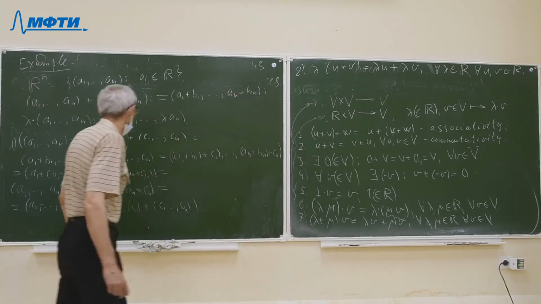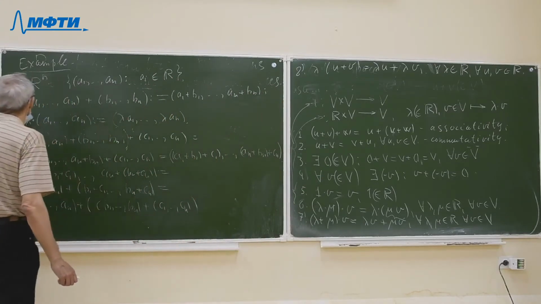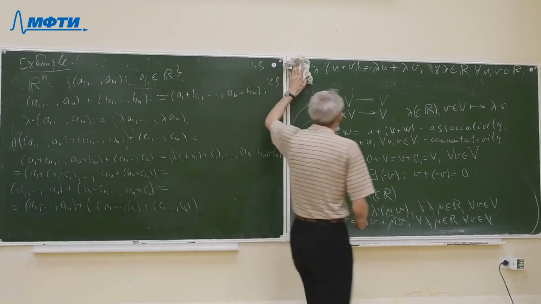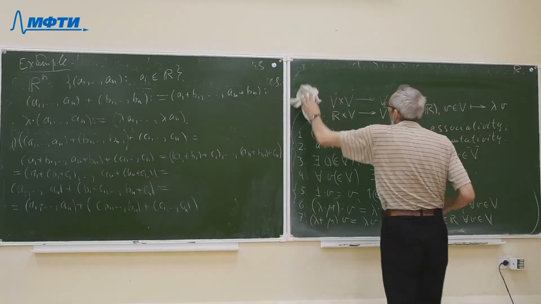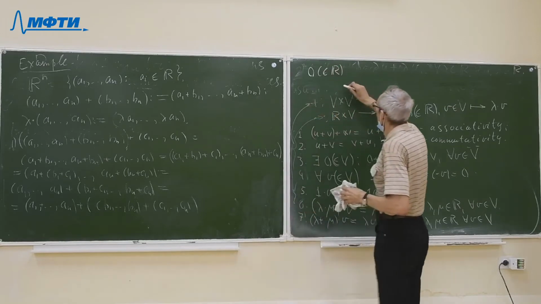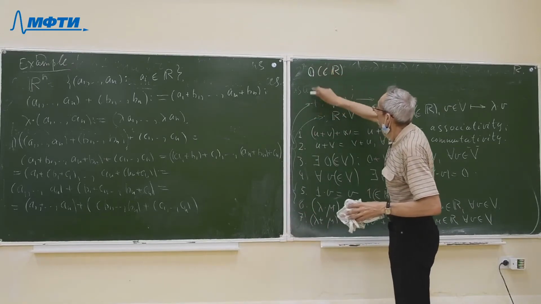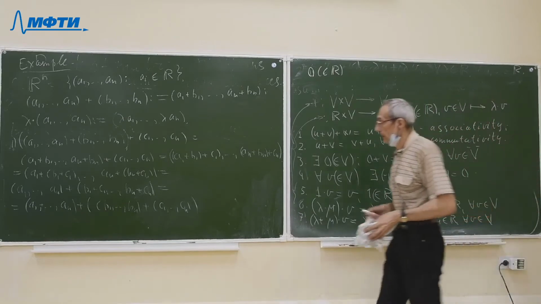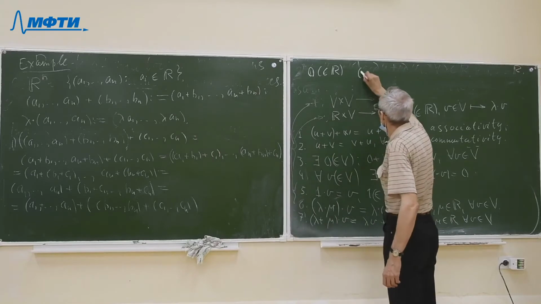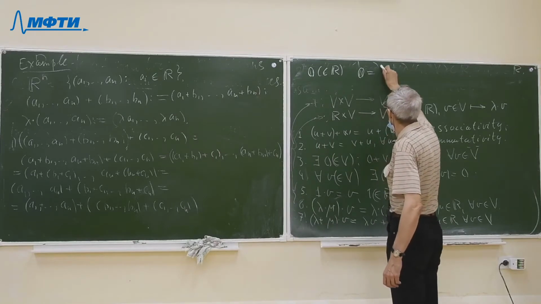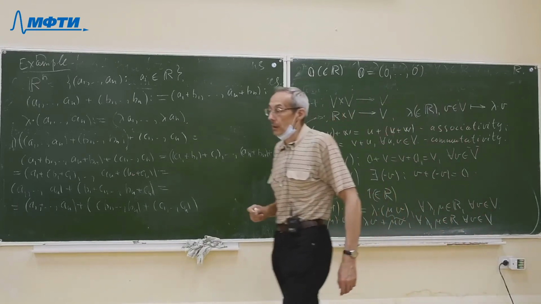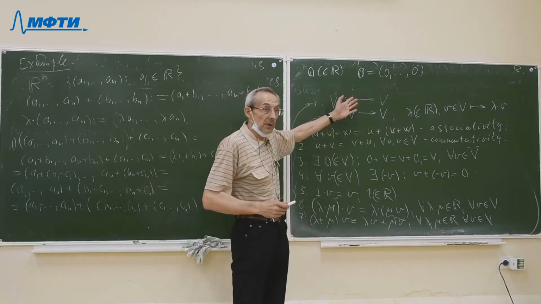Easy to see that the n-tuple which contains only zeros is the zero vector of this vector space, a tuple of real numbers where every element is 0.